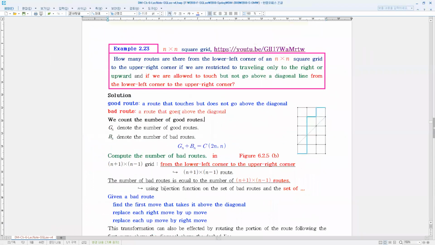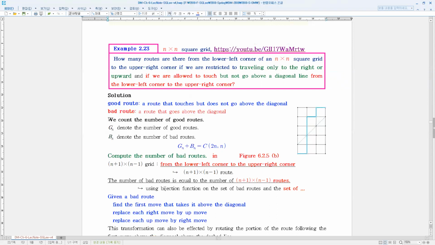Okay, so now we can think of a good route and a bad route. A good route means a route that touches but does not go above the diagonal, staying at the bottom of the diagonal line. A bad route is a route that goes above the diagonal like this.